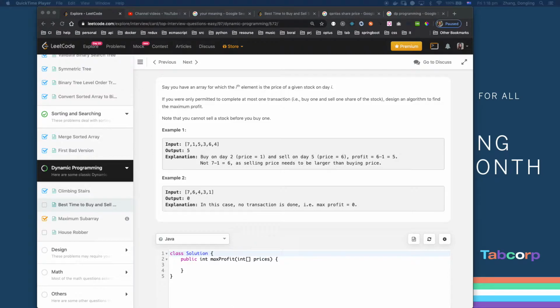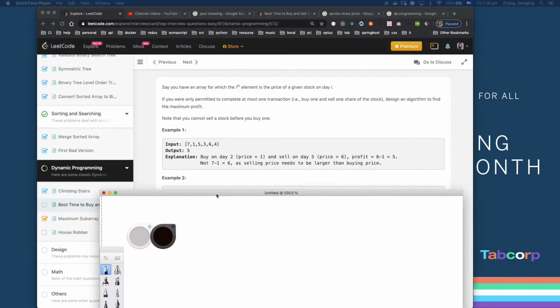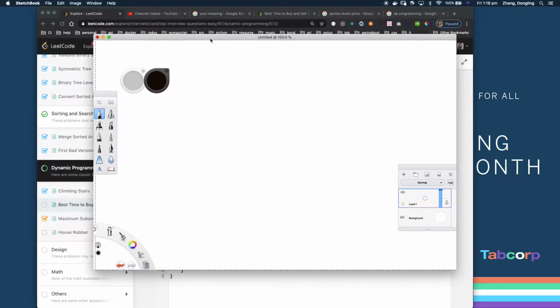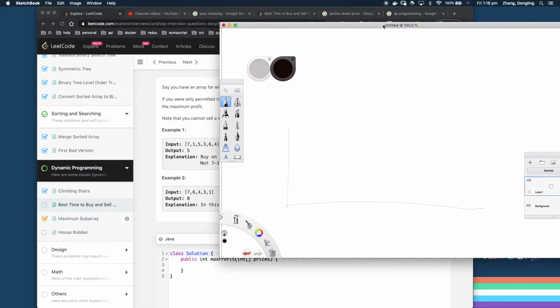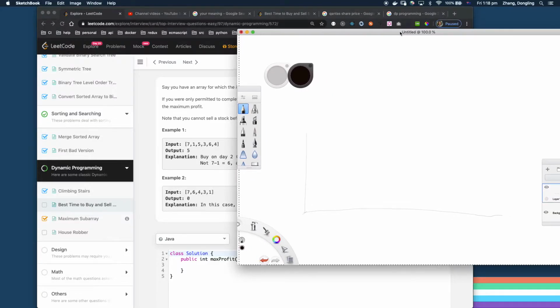This question is very interesting. It is like the previous one, the rainwater problem, so you actually need to draw a diagram, then it will be easy to understand. You receive an array of prices. Let me see the example here.